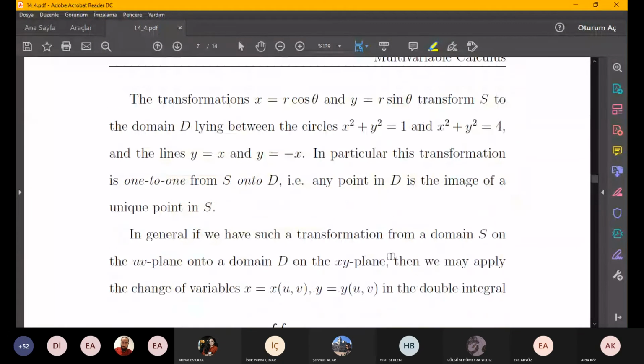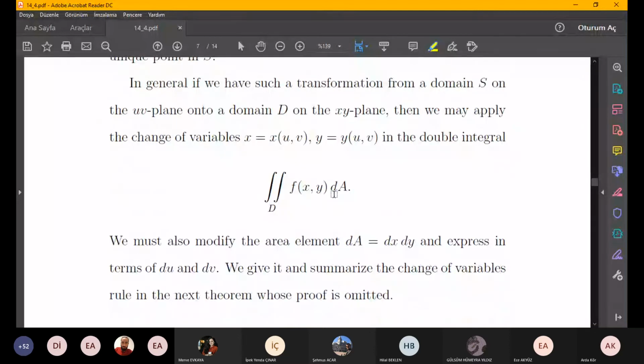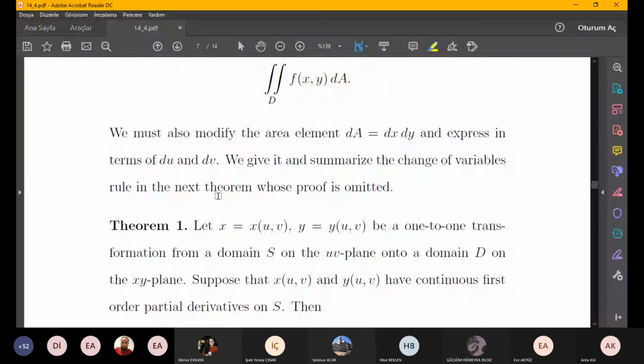So in general, we can have such a transformation from a domain S on the uv plane onto D on the xy plane. Then we may apply the change of variables in a double integral. The other thing that we need to modify is dA, which is dx times dy in Cartesian coordinates.